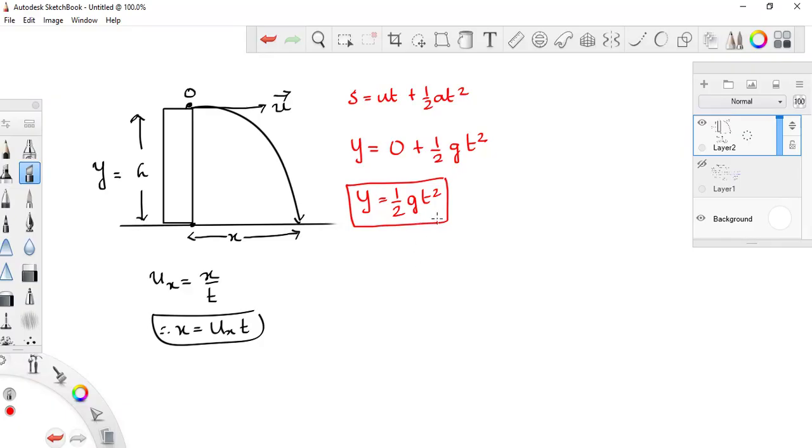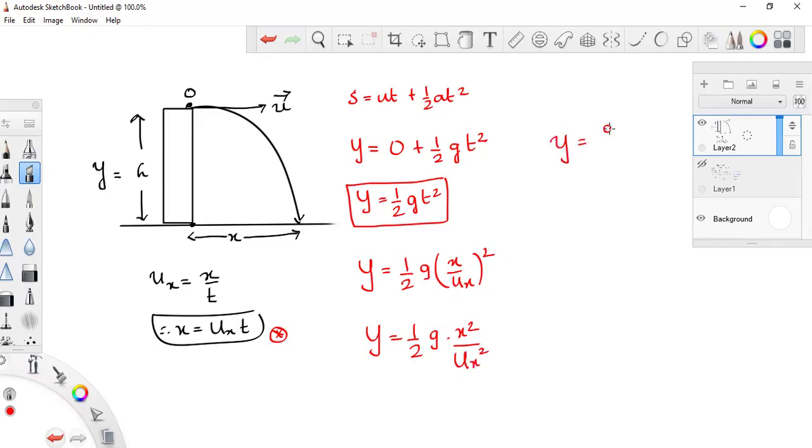Now substitute for t from this equation. So I get y is equal to half g times x by ux, the whole square. So y is equal to half g x square by ux square. So you get an equation y is equal to g by 2ux square times x square.